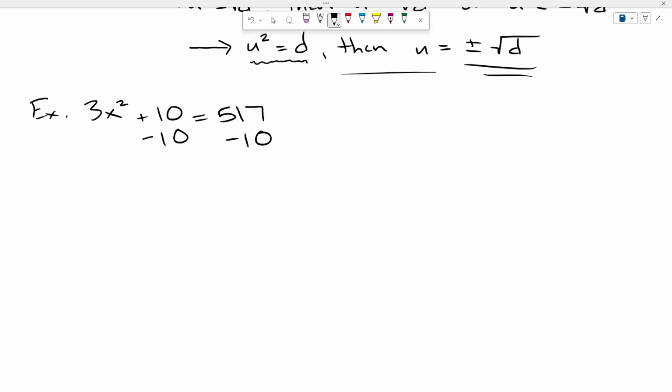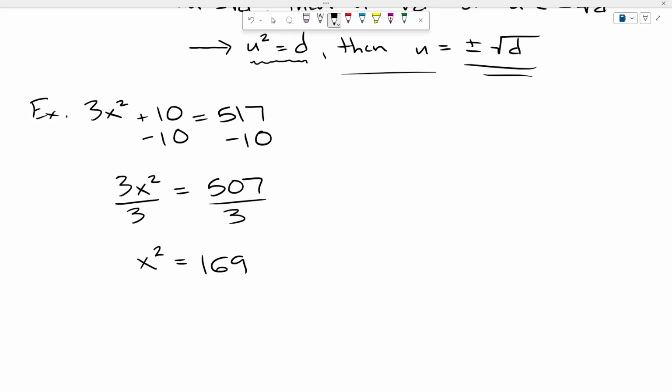We're working the square root property right now. So let's solve it down as much as we can. So we subtract the 10. That gives us 3x squared equals 507. And then let's divide the 3 out. So then we have x squared equal to 169.